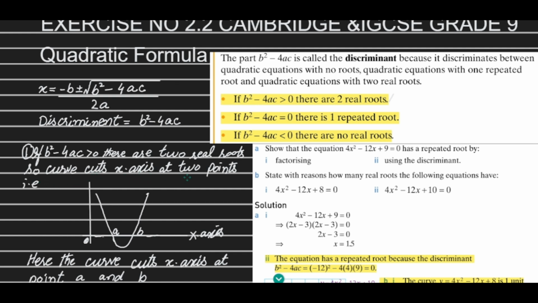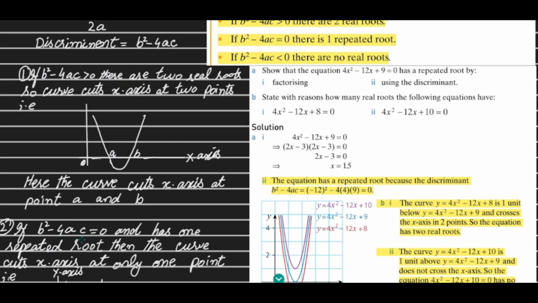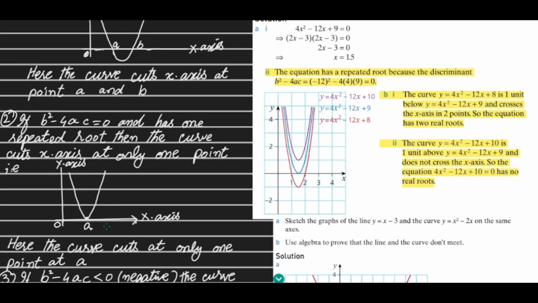So the curve cuts the x-axis at 2 points, as we can see here, this curve cuts the x-axis at points A and B. Now for the second condition, if b square minus 4ac equals 0, there is one repeated root, then the curve cuts the x-axis at only 1 point. We can see in this figure, this curve cuts the x-axis at point A, only 1 point.